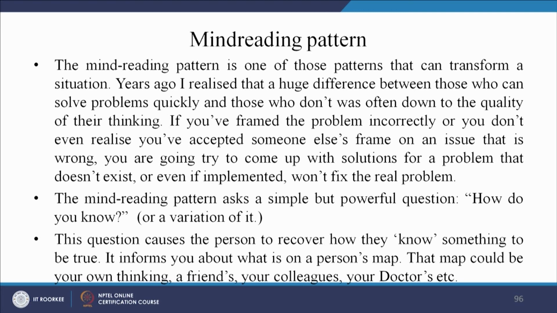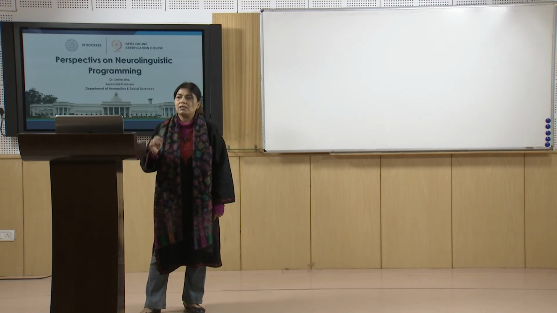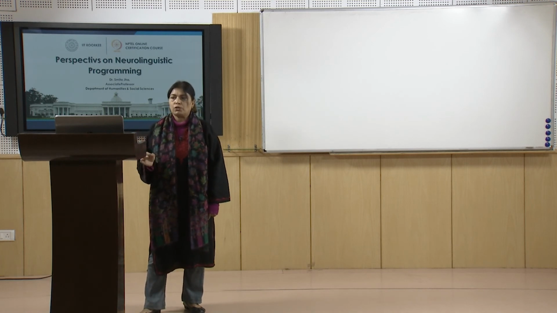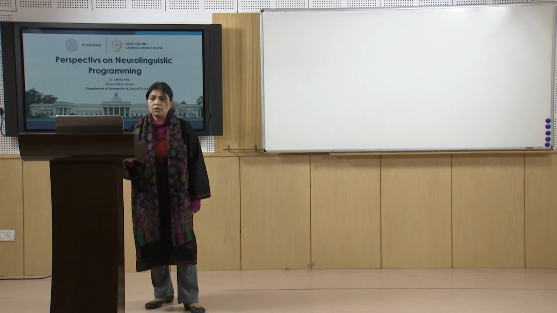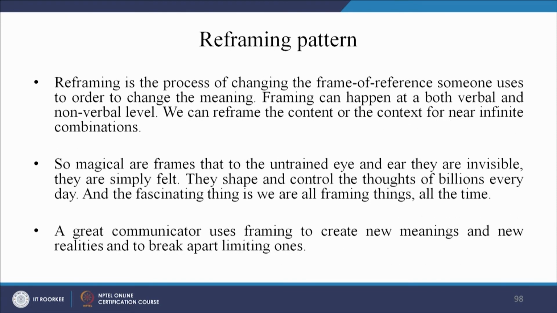That map could be their own thinking, a friend, colleagues, doctors, and several others. By focusing on this one linguistic pattern, you begin to join them in their model of the world and can use this one pattern as a powerful technique for change and transformation.